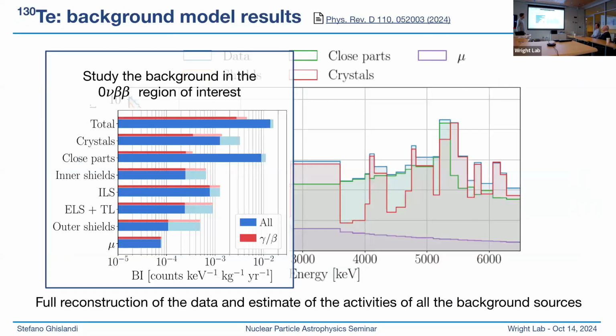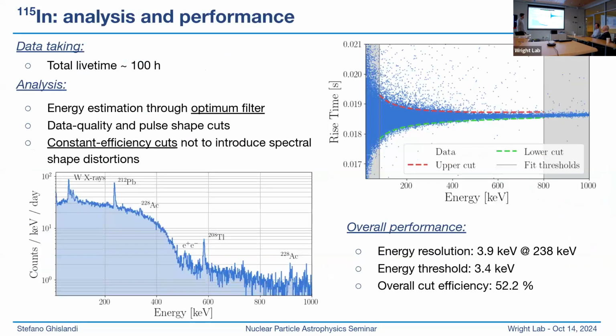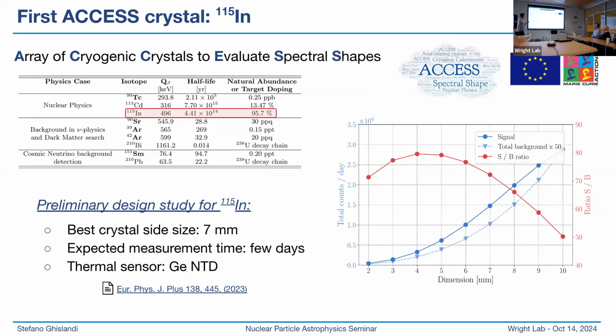Then another isotope is technetium-99. The physics case is actually very similar. And in this case, the Q-value is very low, so you need a TES or an MMC at least. And cadmium the same.